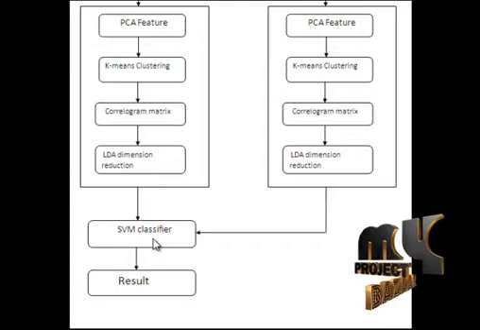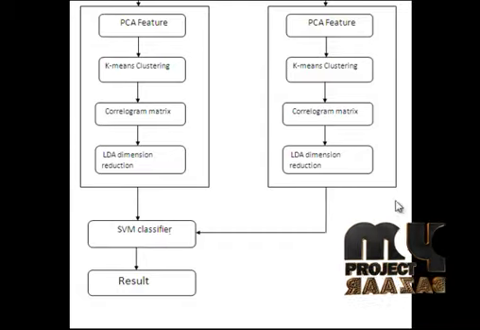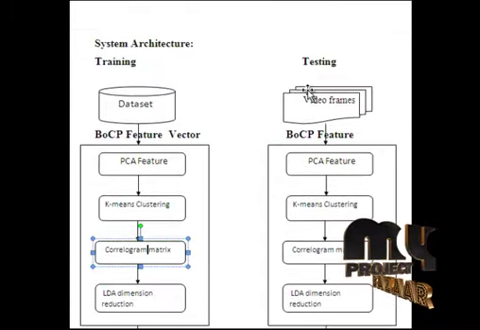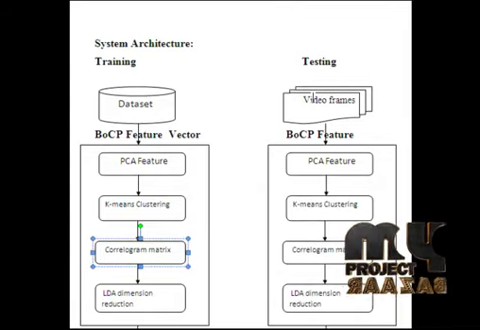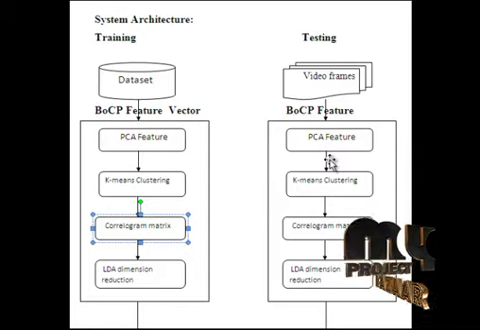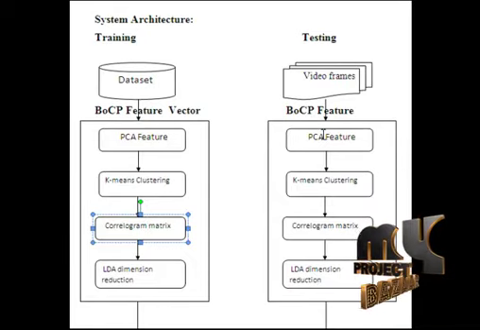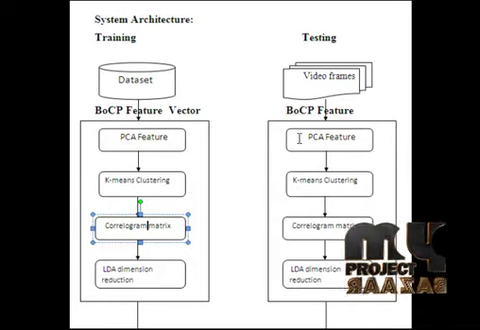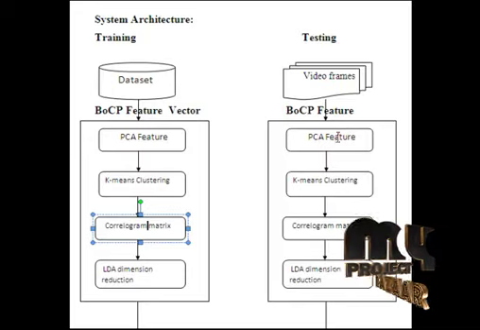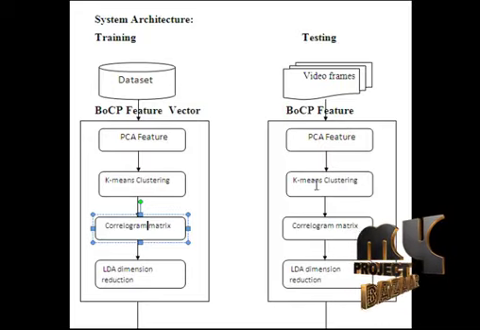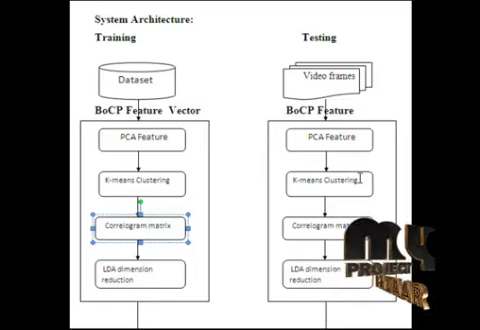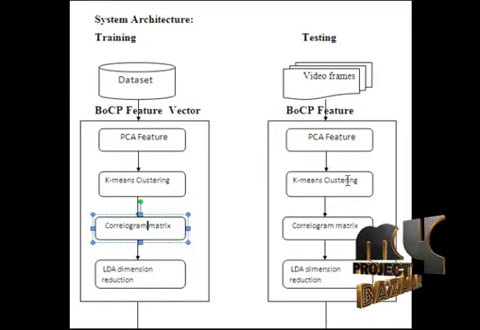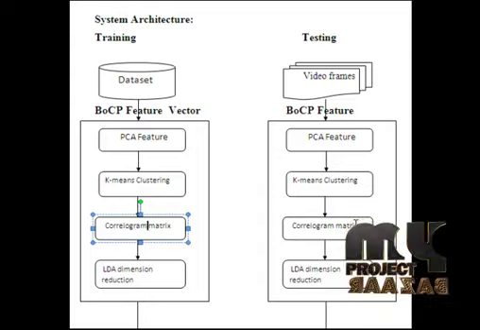After training the feature, we go to the testing stage. Initially we have to provide the video frames. The provided video frames will pass to the PCA feature, which stands for Principal Component Analysis. After extracting the PCA, it will go to the clustering part. Here we are clustering the features as a set of partitions. The clustering values are passed to the correlogram matrix.